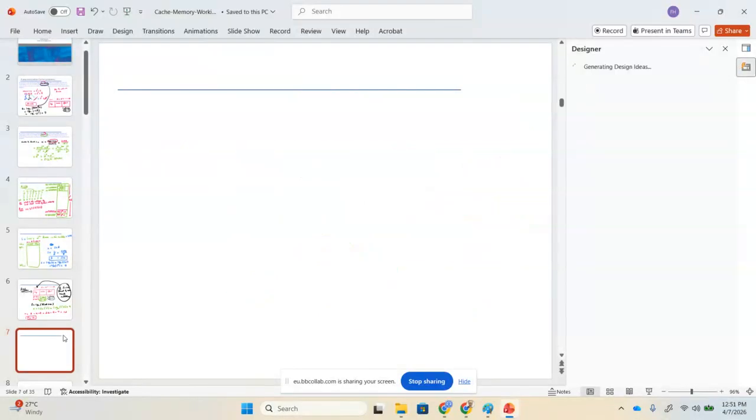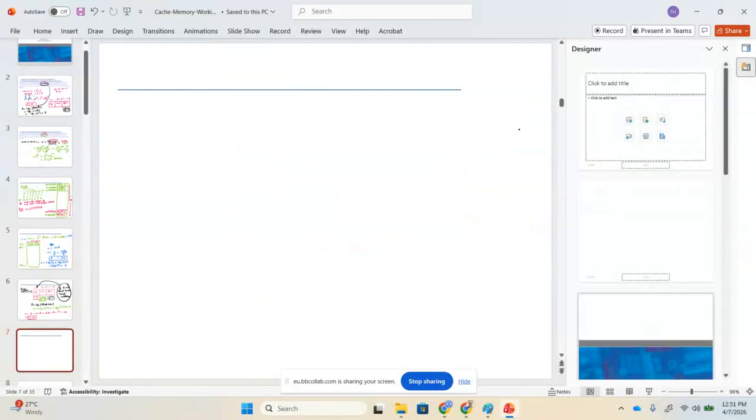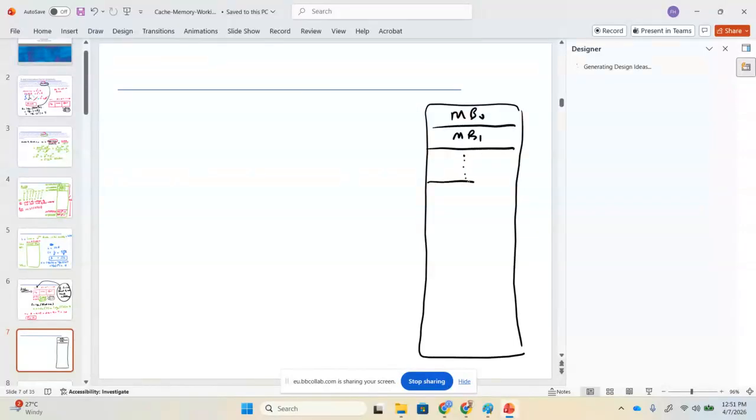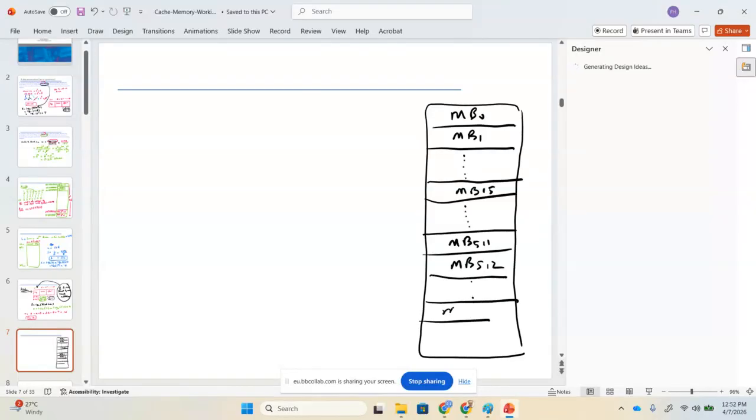So now I'm going from the block perspective. In memory, we can have main memory block 0, main memory block 1, and so on, maybe main memory block 15, and so on until main memory block 511, and beyond. So these are just the main memory blocks.